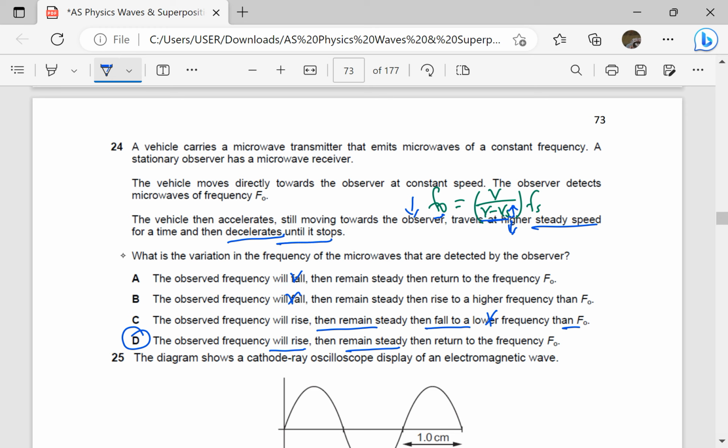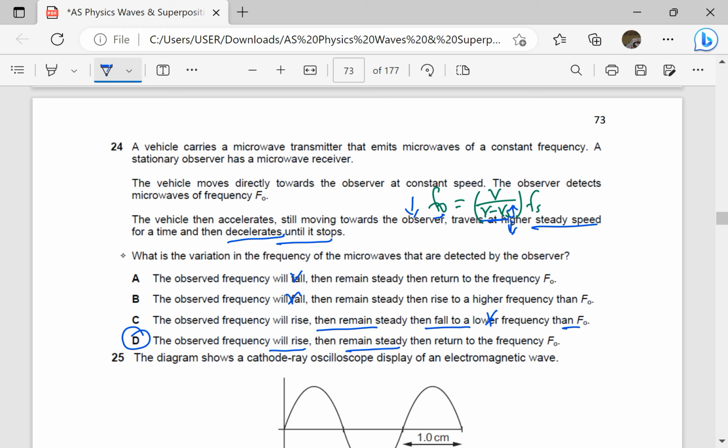When vs becomes 0, f0 is going to be equal to fs, because it comes to rest. Then we are saying the observed frequency will rise, then remain steady, then return to the frequency f0.